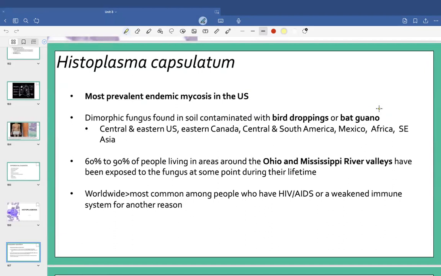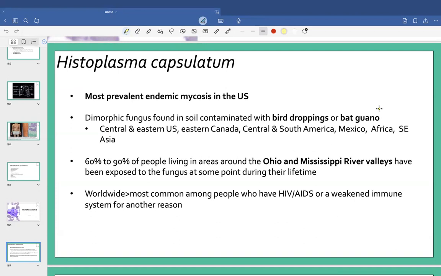Endemic is in a certain geographic region, right? So this is the most prevalent endemic mycosis in the US. This is a dimorphic fungus. So dimorphic meaning it can live in two life cycles. It can be a yeast and a mold.